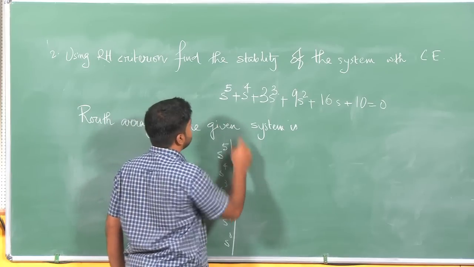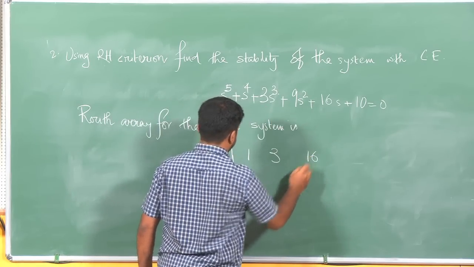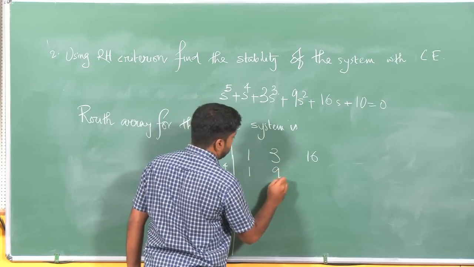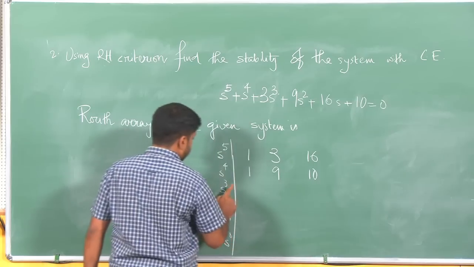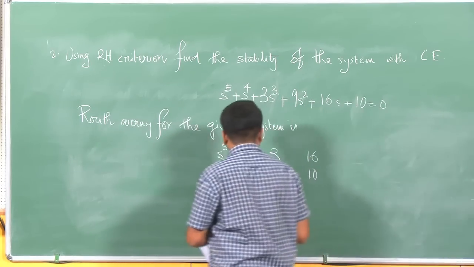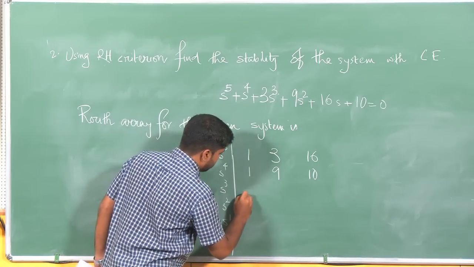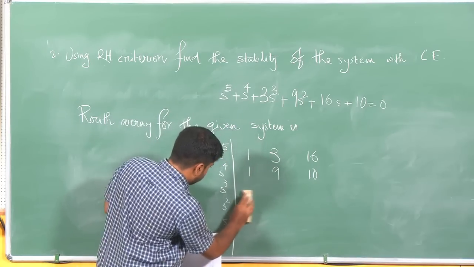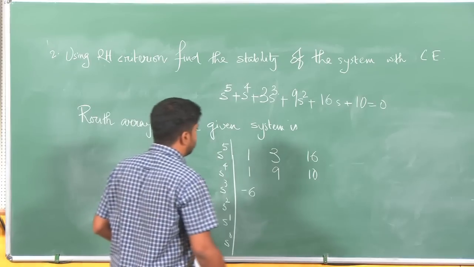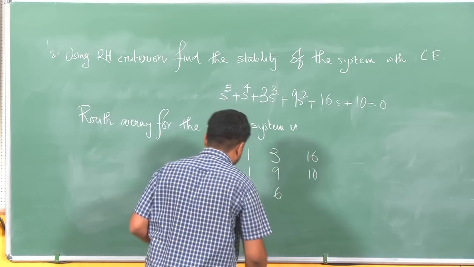So, 1, alternatively 3, then 16, and here comes 1, 9 and 10. So, this is easy: 3 minus 9, so it will be minus 6, and 1 into 16 minus 10, so this will be 6.